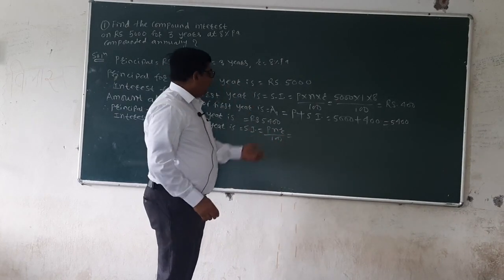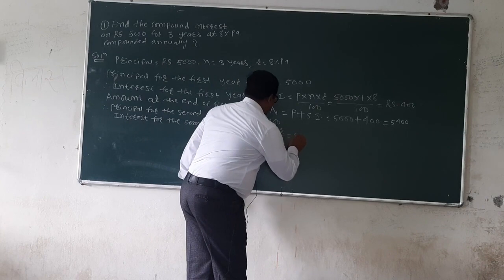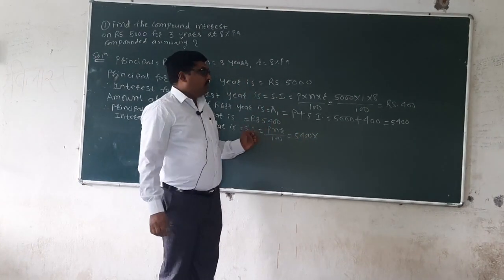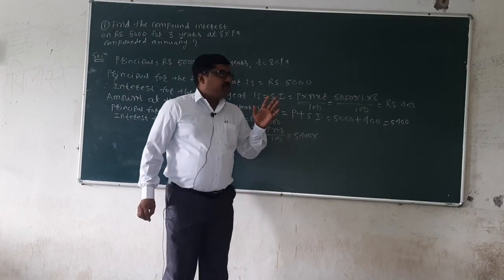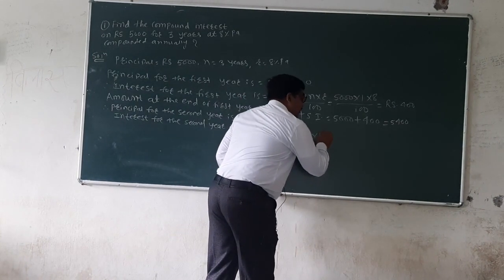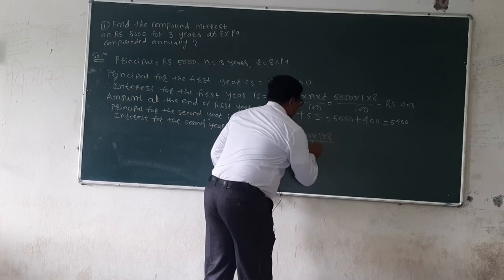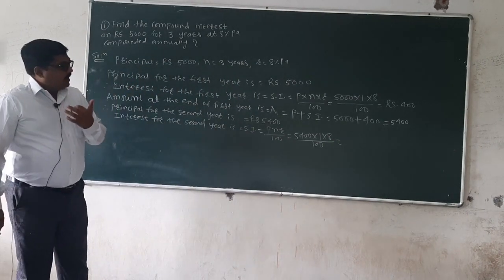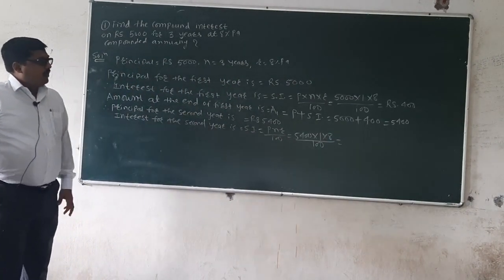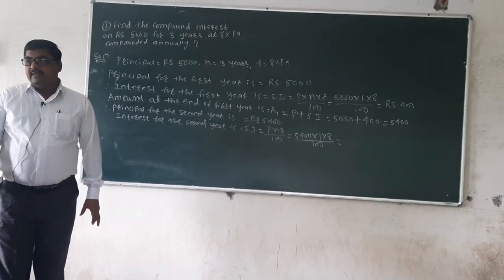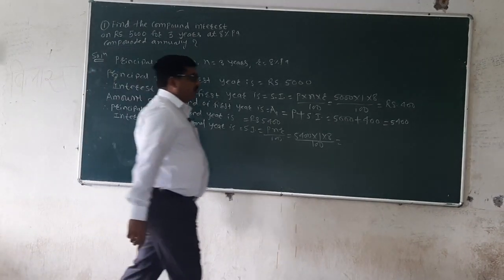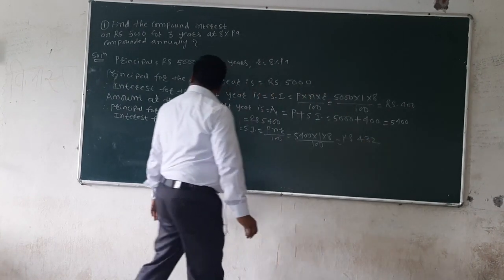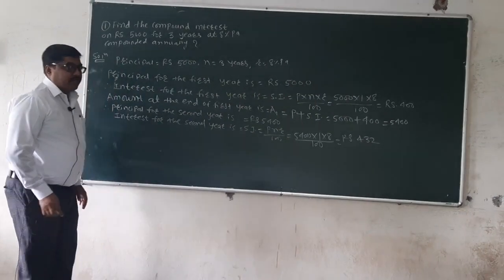P is 5,400, into N is again 1, because you are calculating simple interest for the second year only, R is 8 divided by 100. Then 5,400 divided by 100, times 8, is rupees 432. This is your interest for the second year.